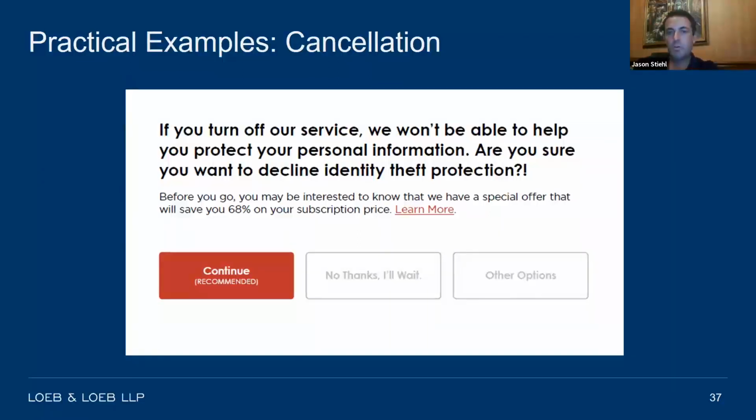And it says, before you go, you may be interested to know that we offer something special, 68% off of your subscription price. So in fact, what you most likely are continuing here is to take you to the 68% off of your subscription. So rather than allowing you to leave, it's going to take you to another screen and give you another option getting a reduction in your annual or monthly fee, whatever it might be.